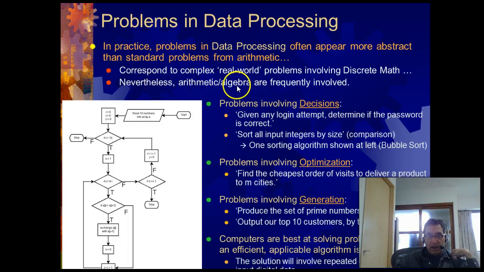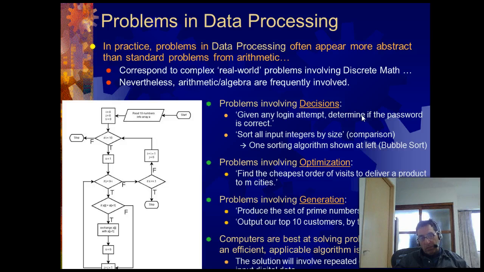Nevertheless, arithmetic and algebra are frequently involved. So there are problems involving decisions. Here's an example. Given any login attempt, determine if the password is correct. So we have to decide whether, when someone tries to log in, the password is correct or not.